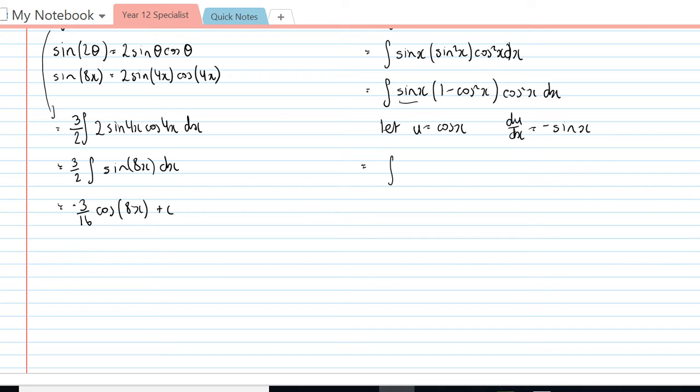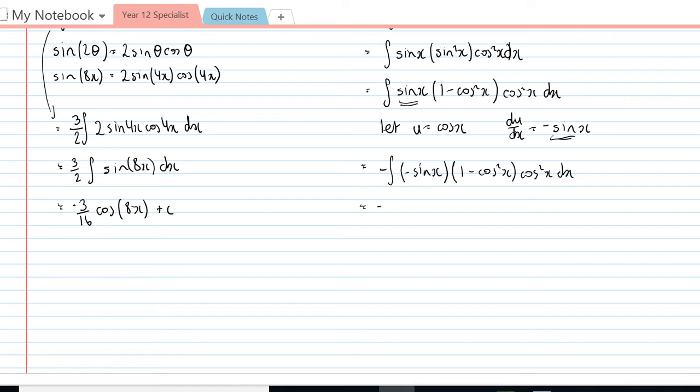Now that instead of that sine x just there, I want it to actually be negative sine x, so I can write it as du dx. So I'm just going to write that as negative sine x, but because I've introduced a negative, I need to put another negative out the front to counter that. Then I'll just leave this as it is for the moment. So 1 minus cos squared x times cos squared x dx.